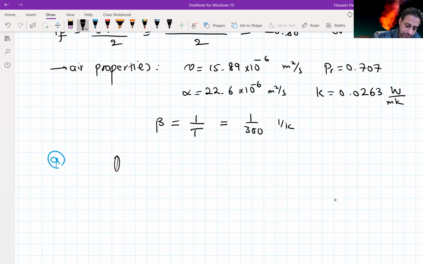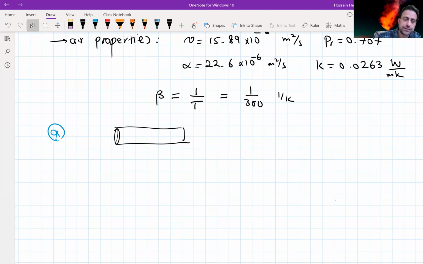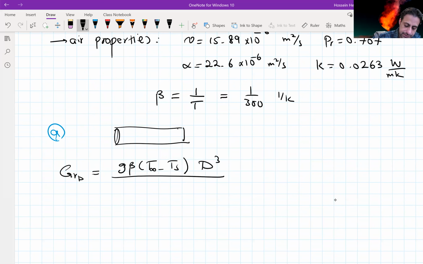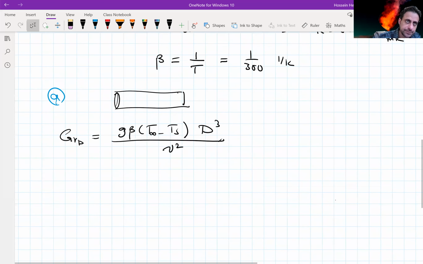So this is the pipe that's placed horizontally. The first thing we do is evaluate the Grashof number. So Grashof number D is going to be g beta, and here I'm going to write Ts minus T infinity since the surface is greater than that, D cubed divided by nu squared.